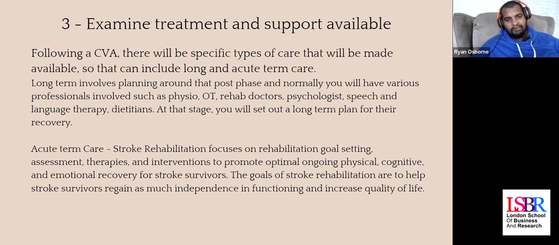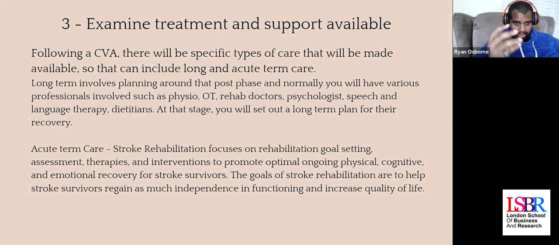So following the CVA, it's going to be different types of care, like we said. So you've got long-term and acute term care. Long-term care involves planning around that post phase of care. And normally what you will have is various different types of professionals who have a long-term understanding of what a stroke can do to an individual themselves.